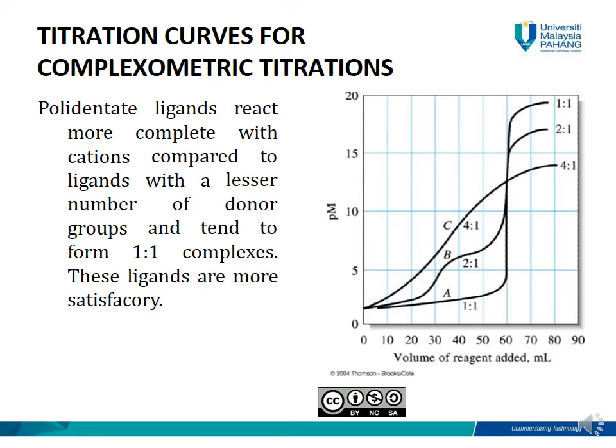Whenever you increase the concentration of metal, or increase the concentration of ligand, the titration curve is not as nice. Hence, for complexometric titration, it is better to have a ratio of 1 to 1 between metal and ligand.